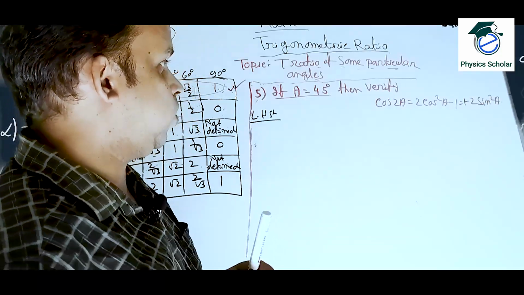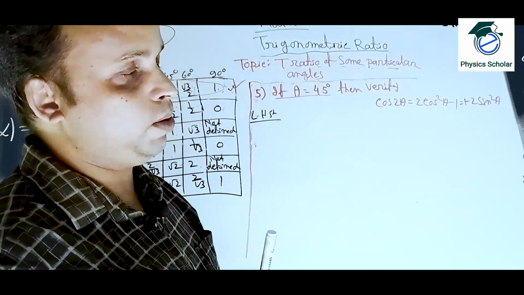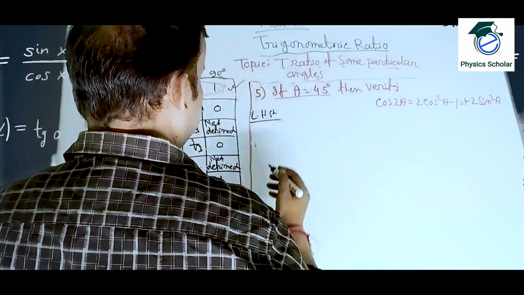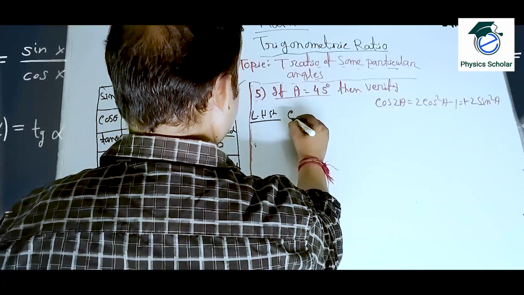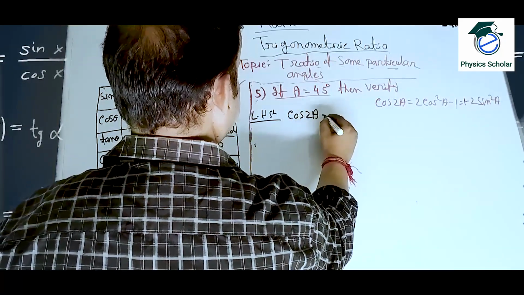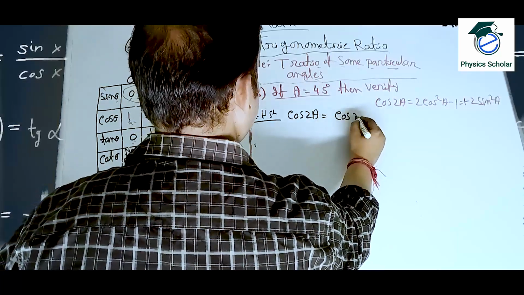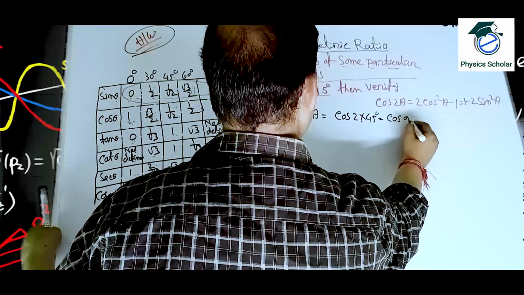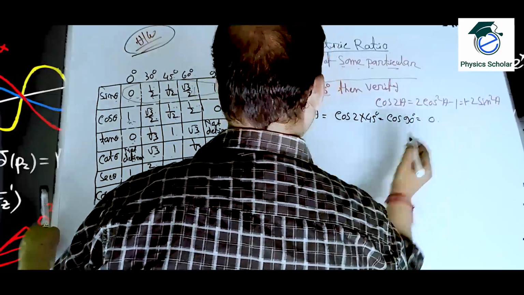Okay. So 2 cos square A minus 1 or 1 minus 2 sin square A. Clear? So now left hand side is cos 2A is equal to cos 2 into 45 degree is equal to cos 90 degree. Cos 90 means 0.